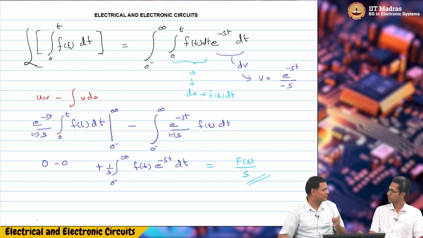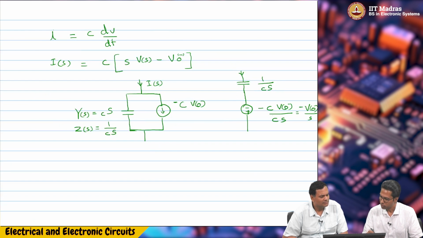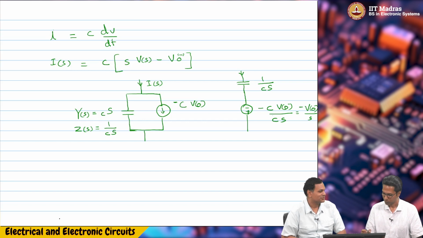I think it will be very useful for inductors and capacitors, where you can write the current-voltage relationship as either differential or integral. So if we have circuits with a capacitor, we should be able to find a solution using Laplace transform. We'll pick some example.